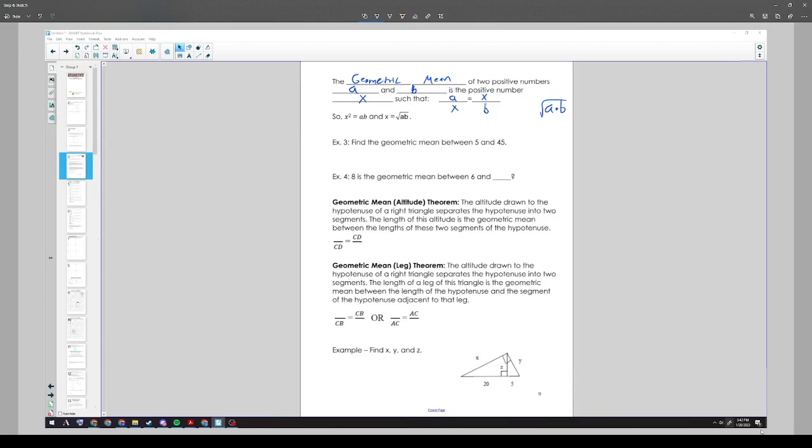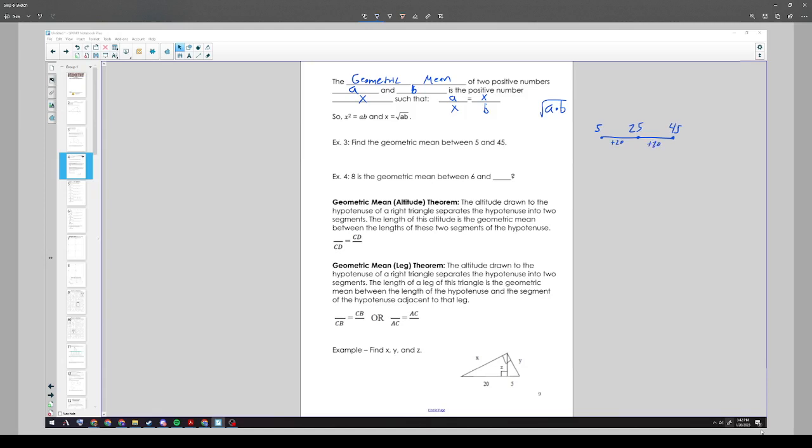So we're going to find the geometric mean between 5 and 45. So thinking in terms of arithmetic mean, if I had 5 and I had 45, my arithmetic mean is exactly the midpoint of that. So I would go halfway between those to 25. And the key there is that I'm going plus 20 and plus 20.